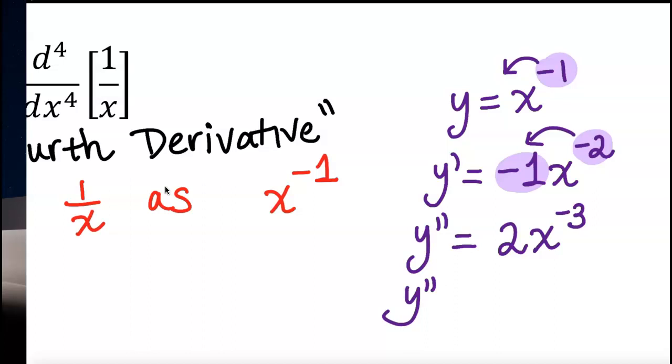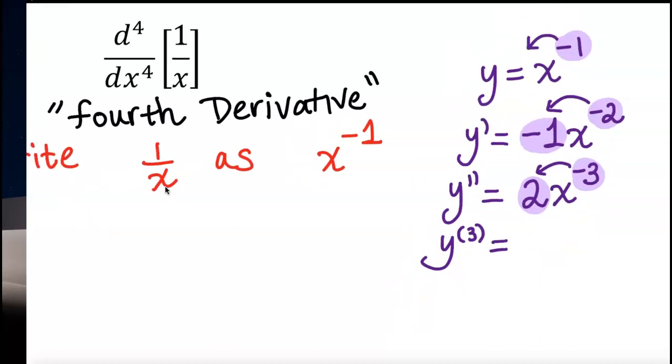At this point, I should just draw it as y with the 3 in a nice parenthesis like that. Multiply the negative 3 by 2, so the new coefficient is negative 6 and x to the, you go down 1 from negative 3, it will be negative 4. Let's see if we can stop. No, they wanted the fourth derivative. So we go one more step.